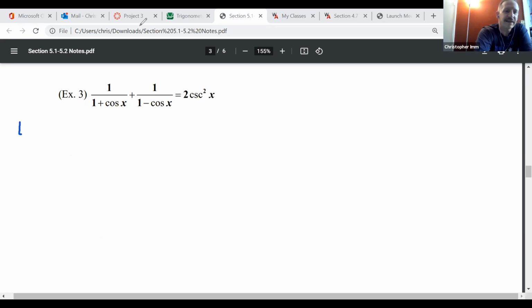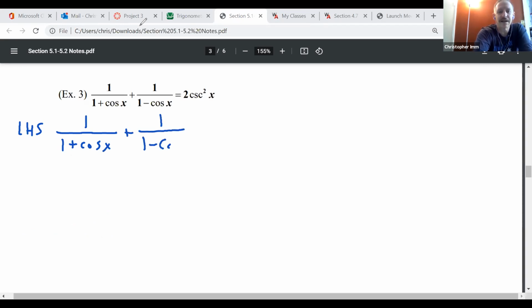So if I start with that more complicated side, what is the least common denominator of 1 plus cosine and 1 minus cosine? Go ahead and blurt it out if you know it. Those denominators are both different, right?